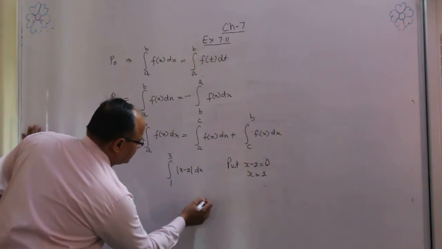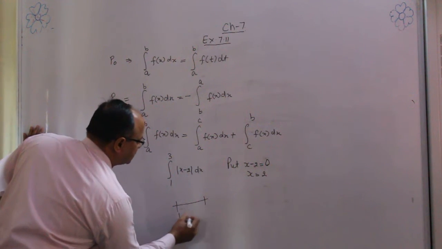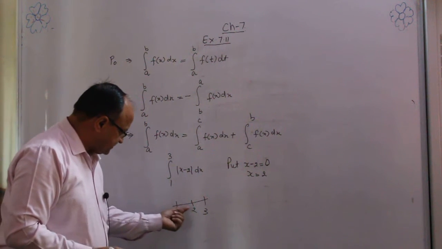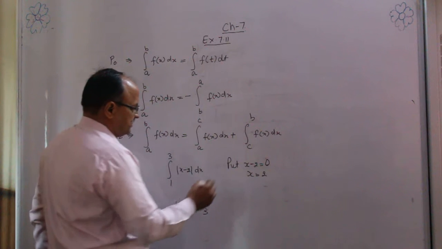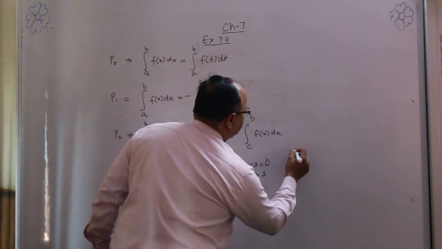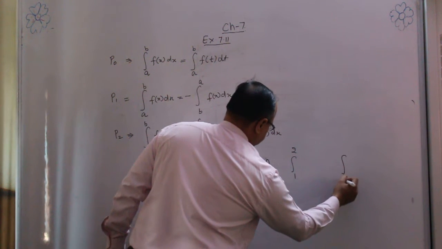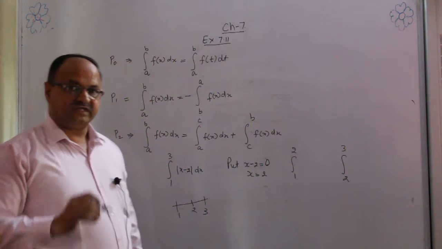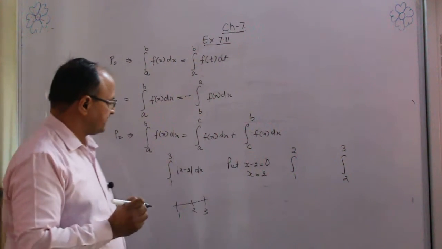Our function starts from 1 to 3 and 2 is the breaking point. So therefore, the limits are 1 to 2 and 2 to 3. 2 is the breaking point where the graph turns. Clear?